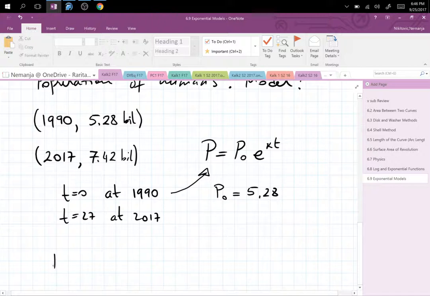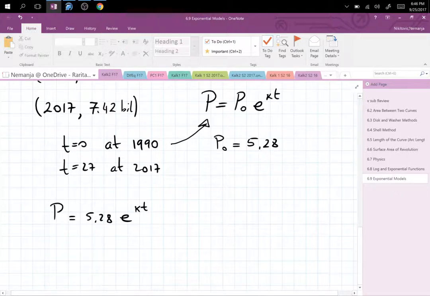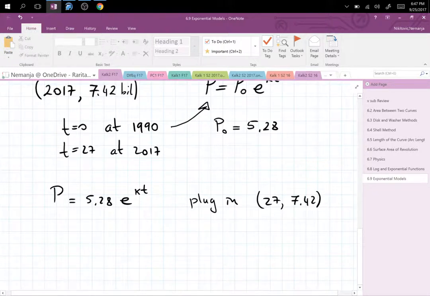So we are getting that the population is equal to 5.28 e to the kt as the first step. And now we're going to plug in 27, 7.42, which is state today. And this will help us calculate k.